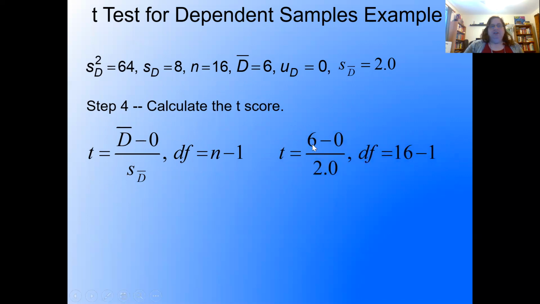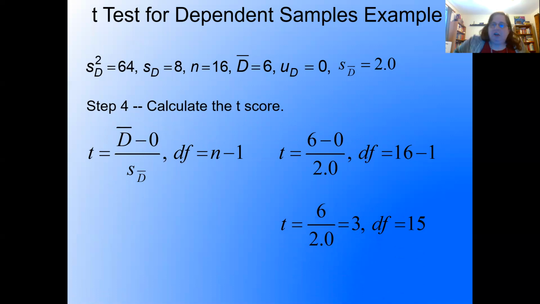So my t-score is going to be 6 minus 0 over 2.0000, and my df is 16 minus 1. So that gives me 6 over 2, or 3, and a df of 15. Once again, I should probably say 3.0000.